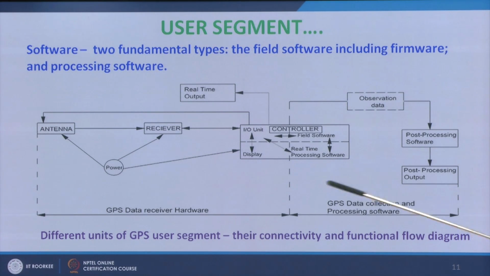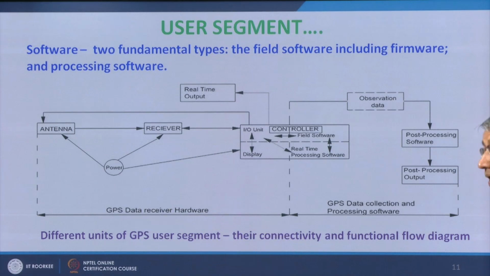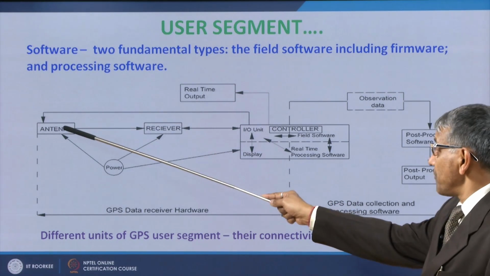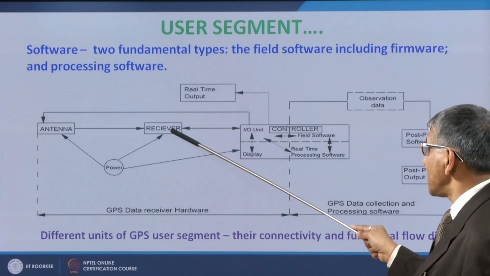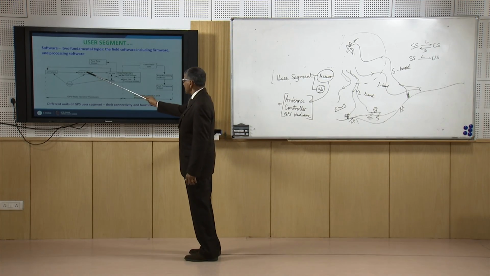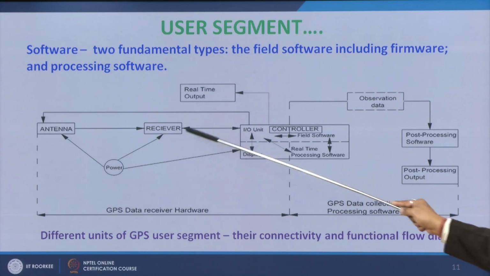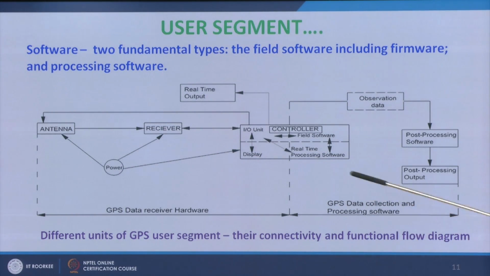Within this receiver there is software which it uses to receive the signal from the antenna, as well as to process the data, and the processed data has to be stored within the receiver, or it will be conveyed to the controller depending upon what the controller instructed.